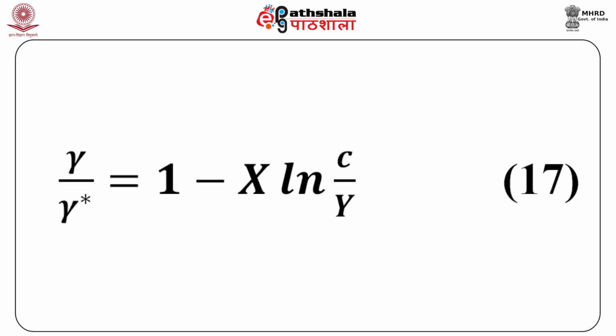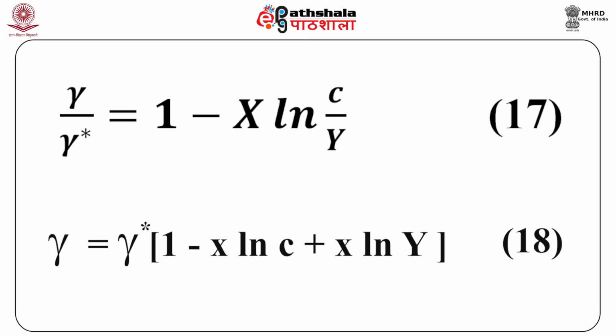acids, as given by equation 17: gamma by gamma star equals 1 minus x ln C by y, where gamma and gamma star are the surface tension of solution of concentration C and pure water respectively, and x and y are constants. Rearranging equation 17, we get equation 18.